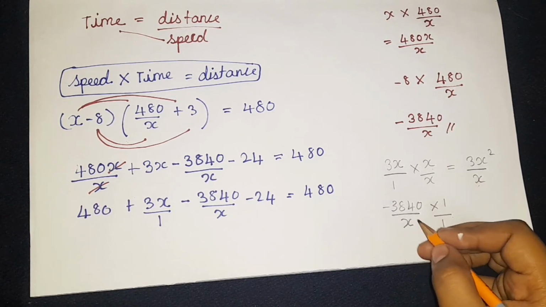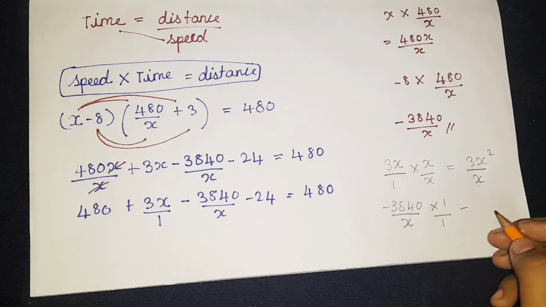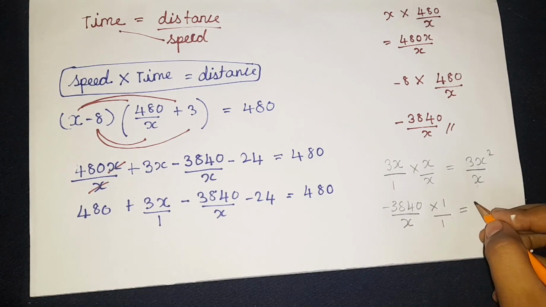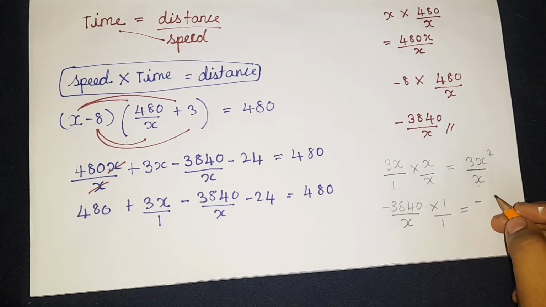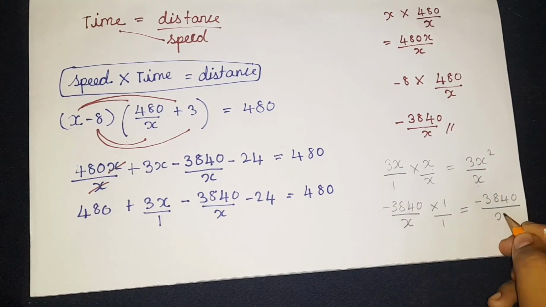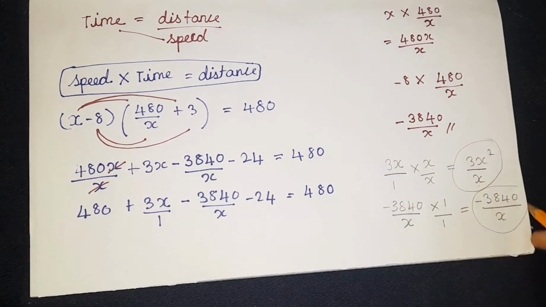Why? Because already we have x right over here. When we multiply 1 into x, of course it is x. That's why no need to multiply with some other number. So 1 into minus 3840 is minus 3840, and then divided by 1 into x is x, of course. So now we got this one and this one as the answer, am I right?